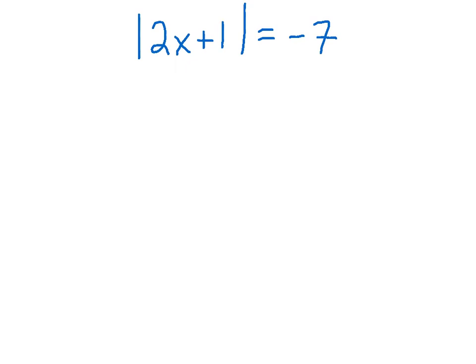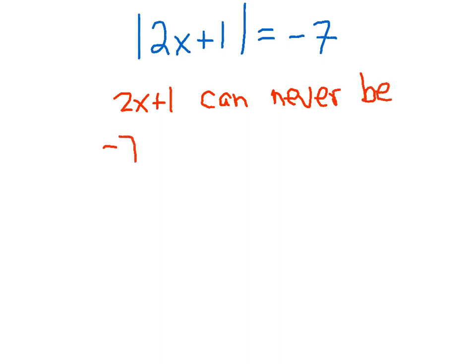So 2x plus 1 can never be negative 7 spaces from 0. The reason why is we don't talk about negative distance.